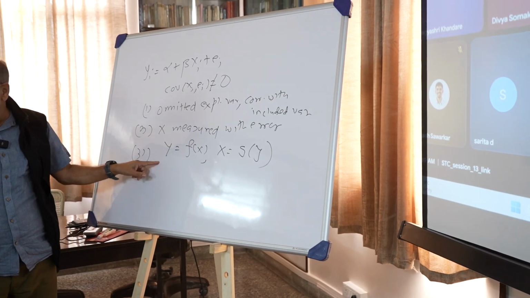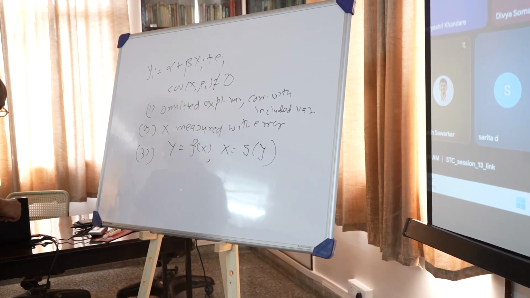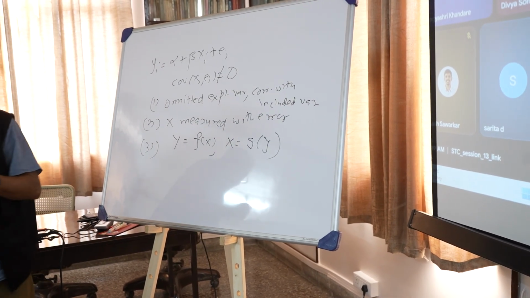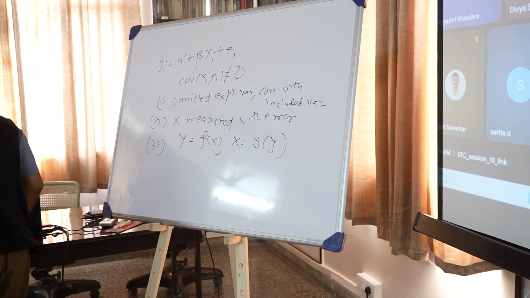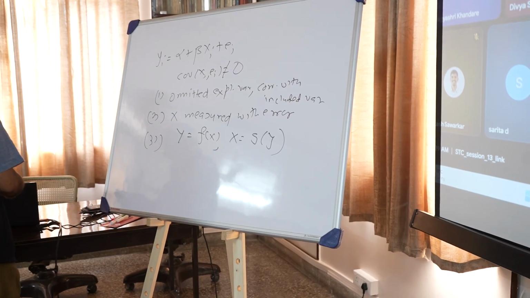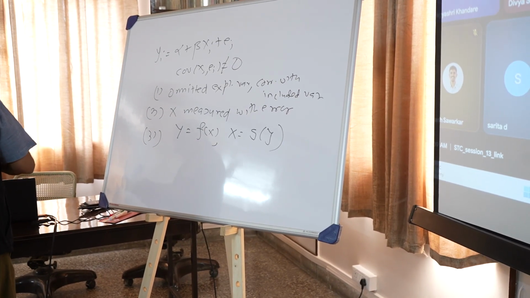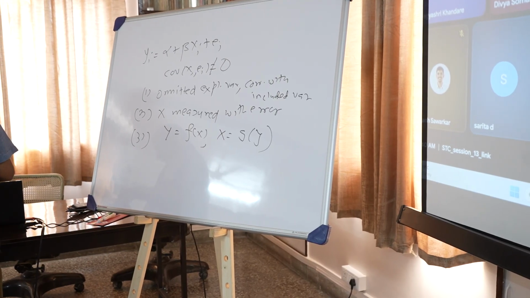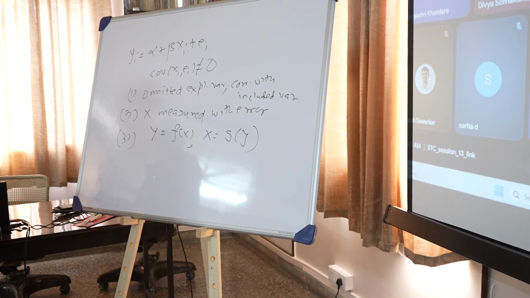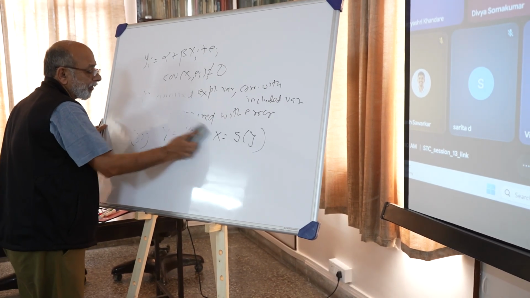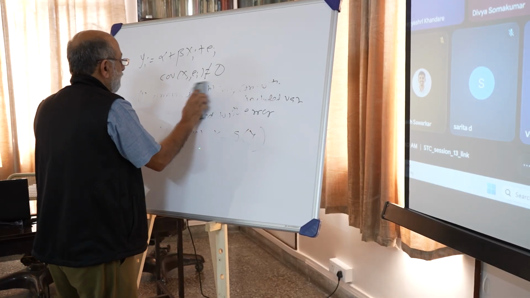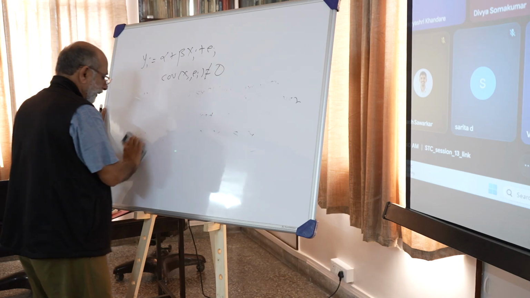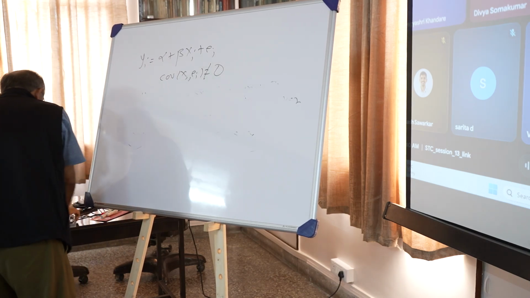Let me show you why this happens. We already know why the omitted variable problem happens. But suppose now x is measured with error.